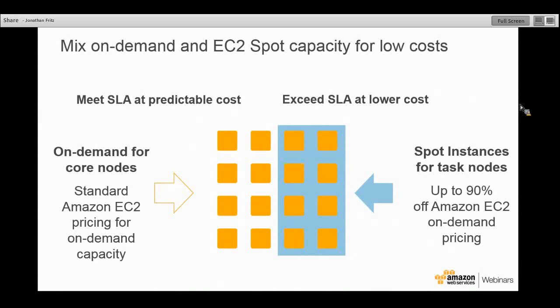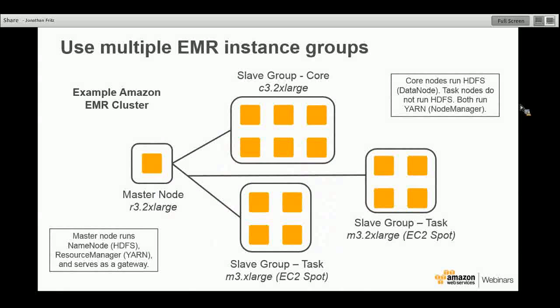You would use your on-demand for nodes that you don't want to lose, saying, this job needs to get done in this time, I need this many nodes to complete it, and I don't want any chance of them getting taken away. However, you can also add on, and the next slide will demonstrate this a little bit better, other groups of instances with Spot capacity to say, well, if I can get this capacity for this price, I'll take it and complete my job more quickly.